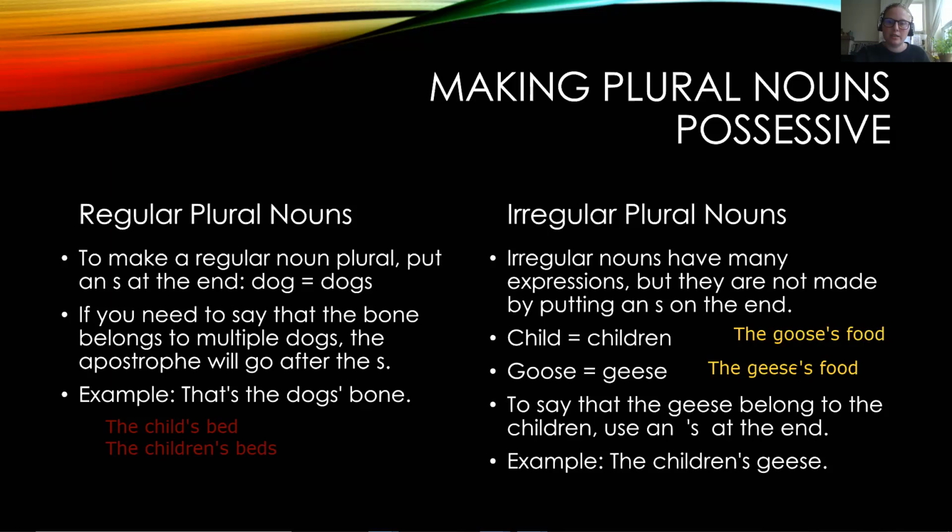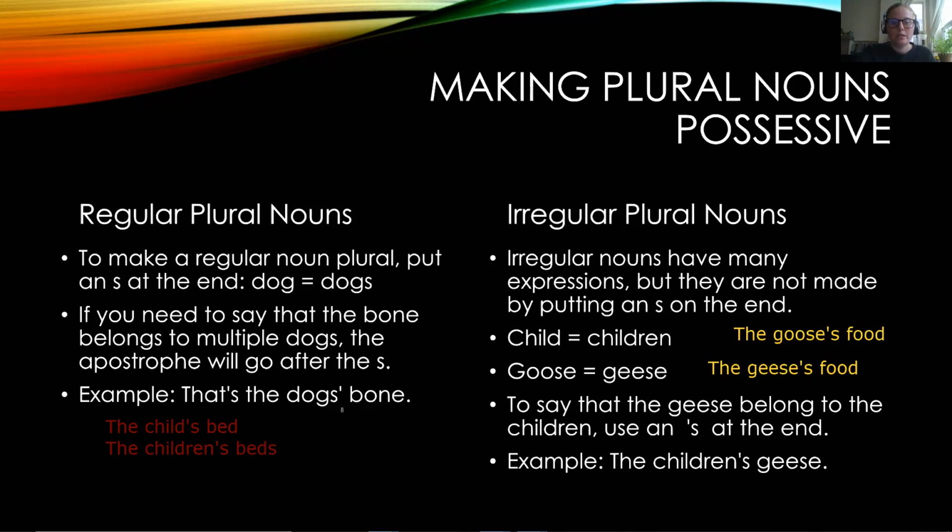The apostrophe is in the same place, so what helps us know the number is actually the word itself, which is different than when we're talking about a regular noun like dogs, where the apostrophe will go after the S to show that there are multiple dogs, and that apostrophe location becomes really important with those regular nouns when you're making them plural and possessive of something.